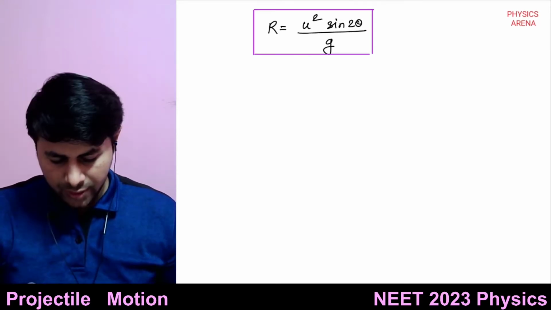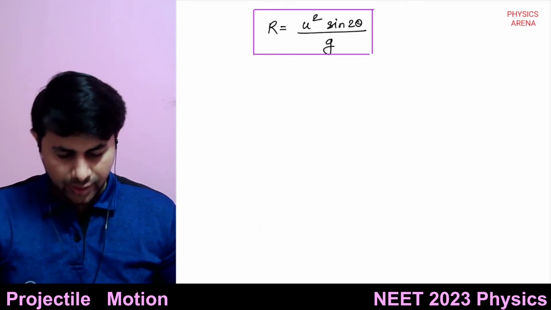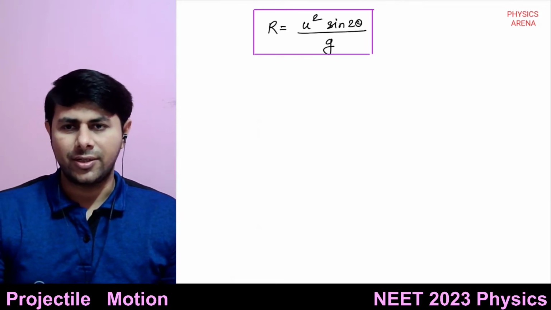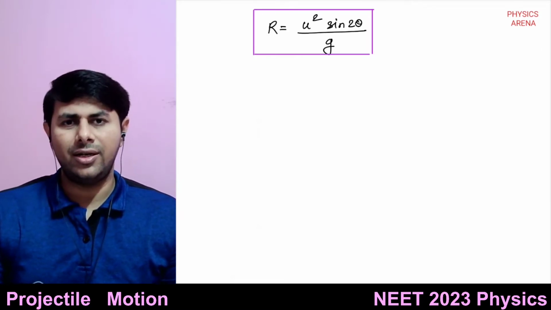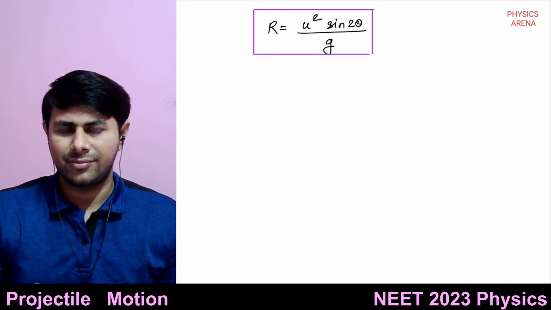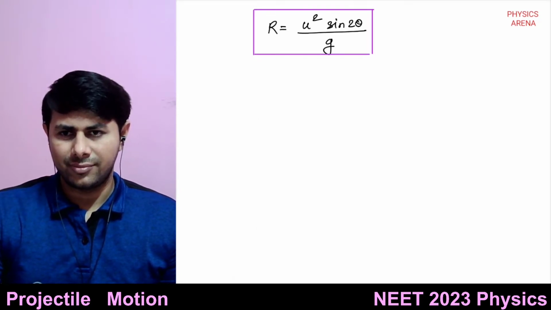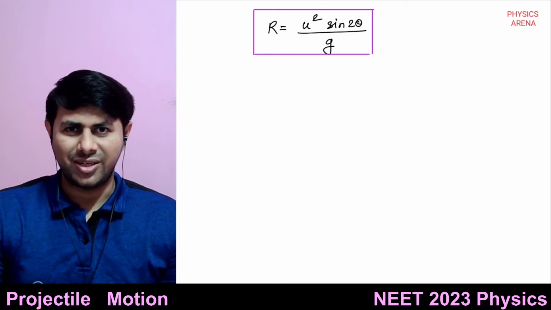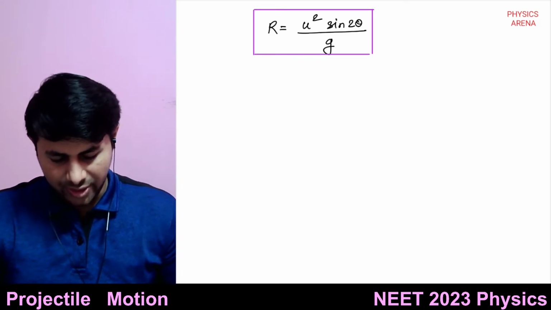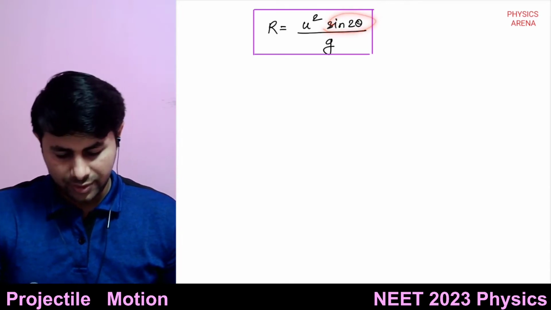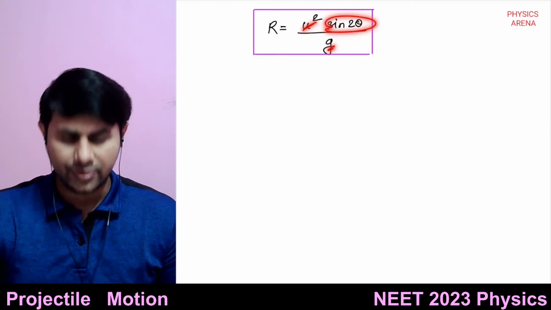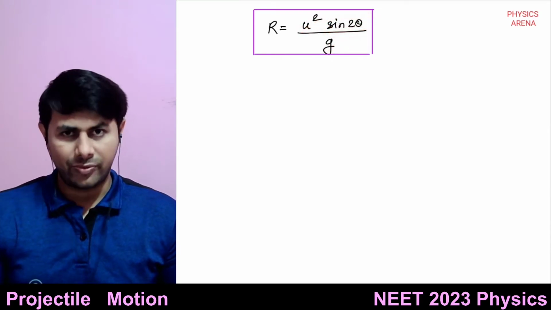Okay, so now tell me, at what angle should the projectile be projected such that it will attain maximum range? 45 degrees. Here we have sine of 2 theta, right? So u is constant, g is constant, and sine can have different values.